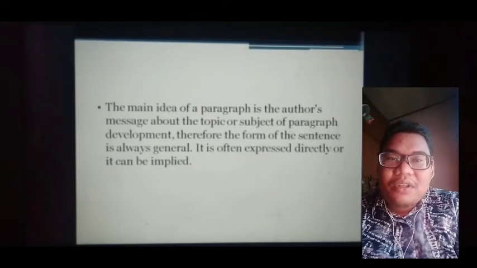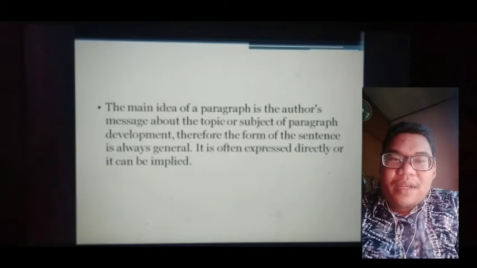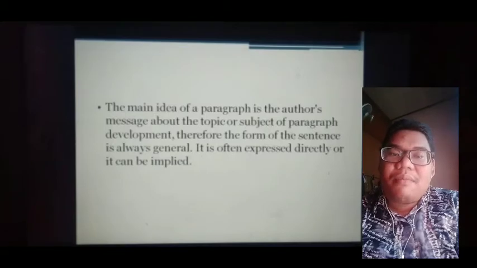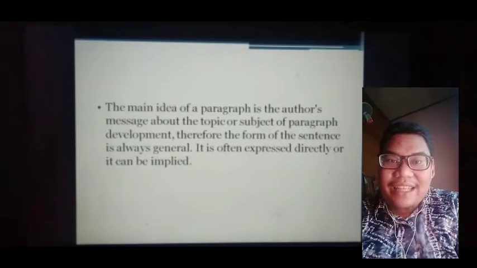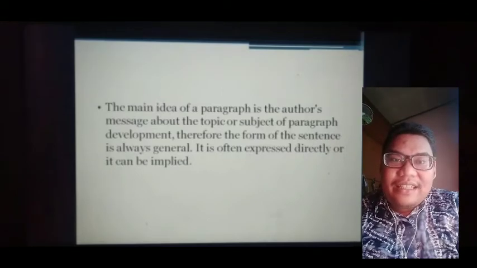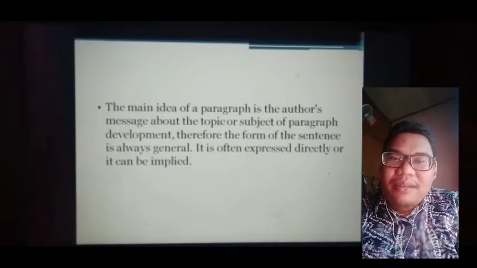It's the author's message about the topic, and it can be the subject development for a paragraph. So it's like that. And main idea often can be expressed directly or implied.